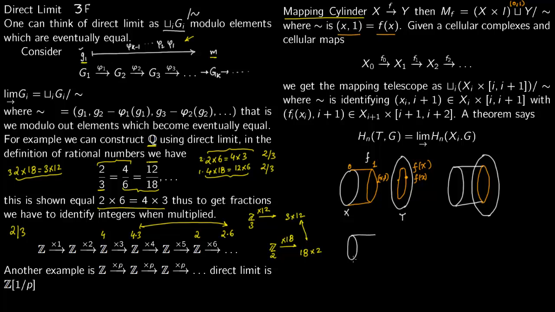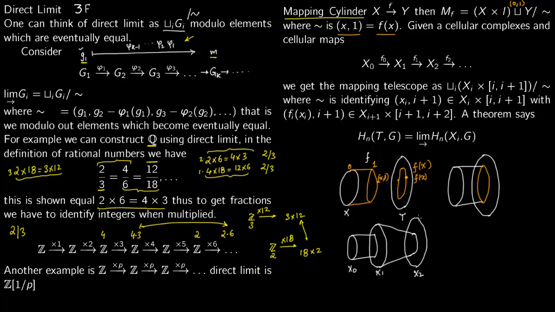So this is X0, and this will lie in X1, some map here. So this was X0, this is X1, and then this X1, say its other end, gets mapped into say X2. For clarity, I'm just going to delete the other side.